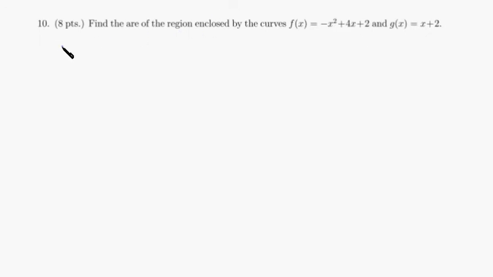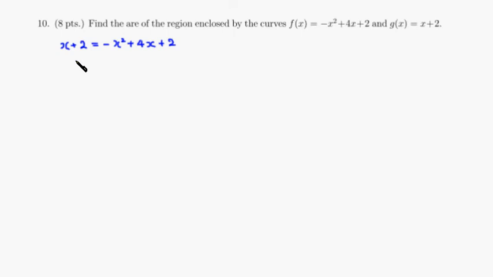So g of x is x plus 2, and we set that equal to f of x, which is negative x squared plus 4x plus 2.